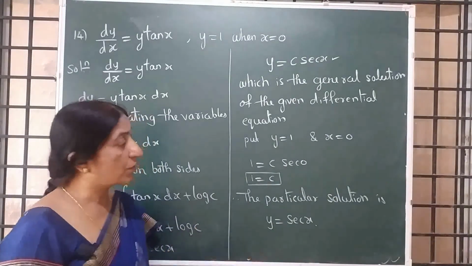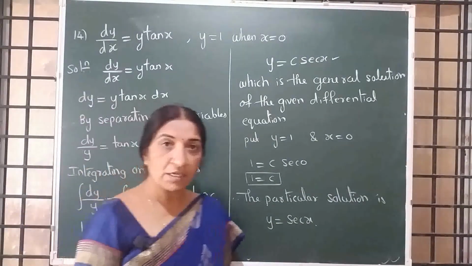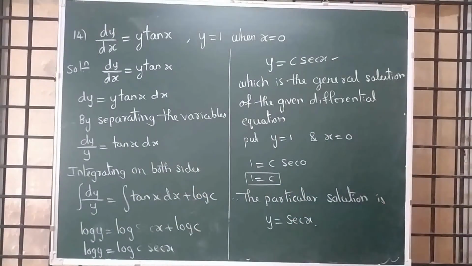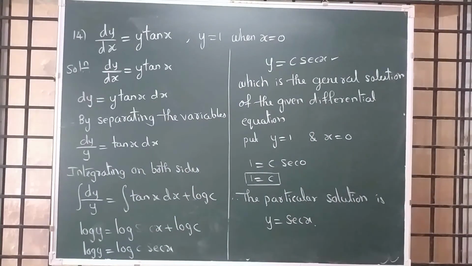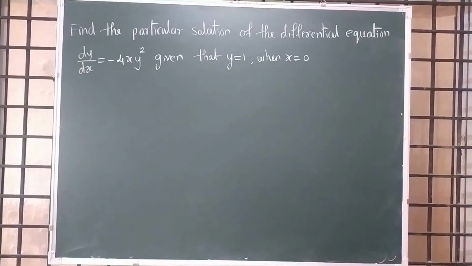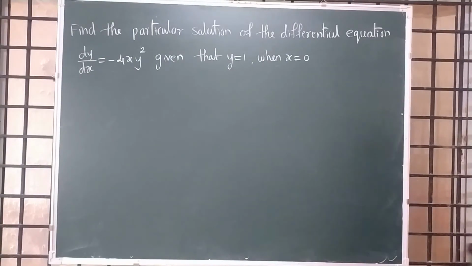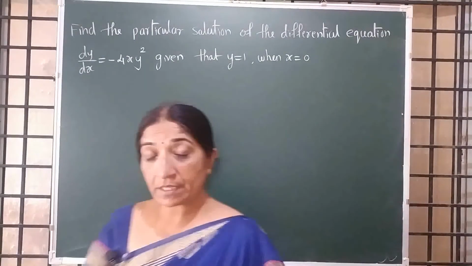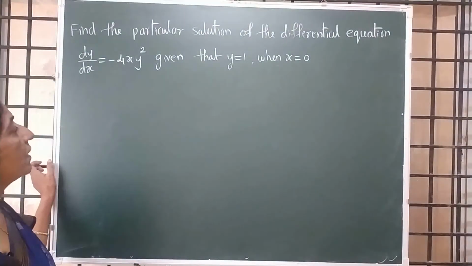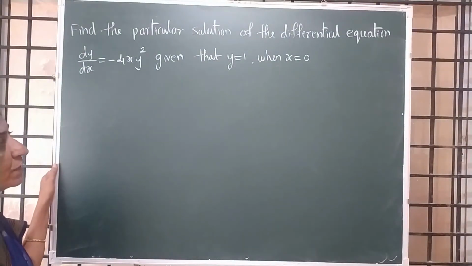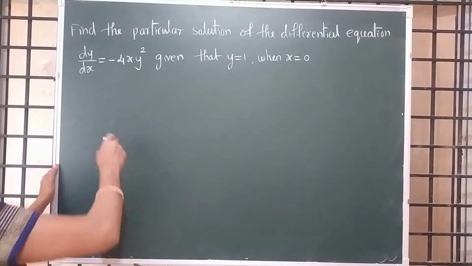Now continuing the same concept, write down the next question. See the next question, it is a worked example. Please note down, students, this is a worked example. Find the particular solution of the differential equation dy upon dx is equal to minus 4xy square, given that y is equal to 1 when x is equal to 0.